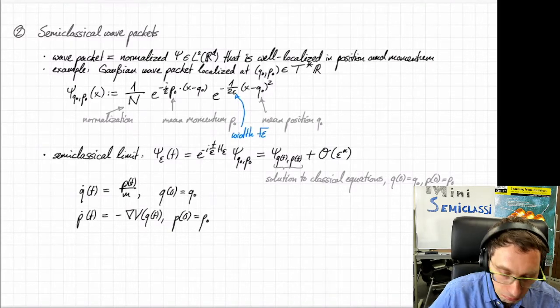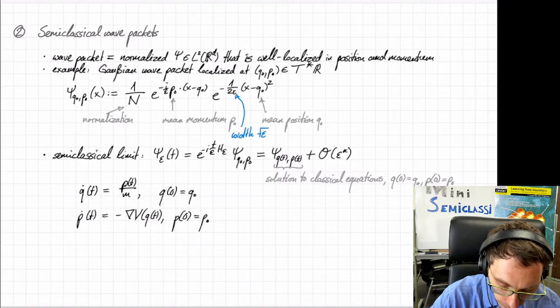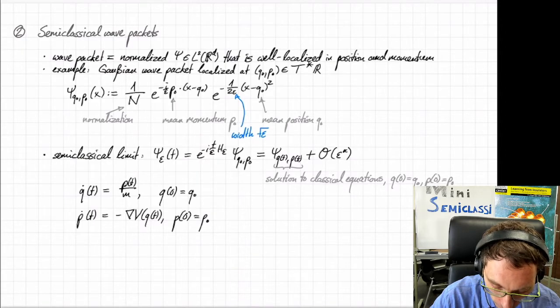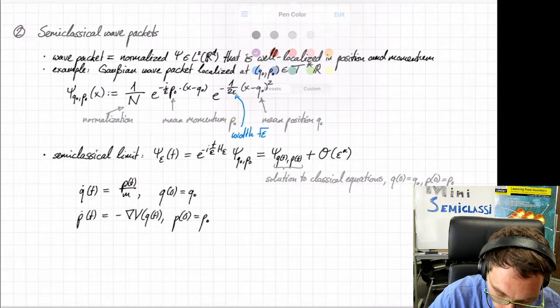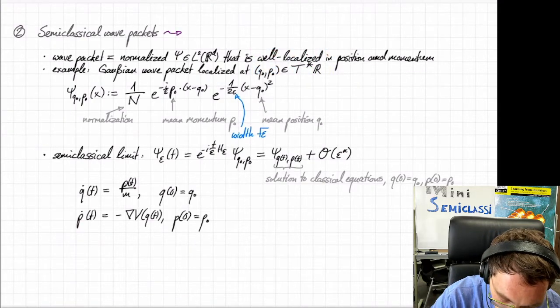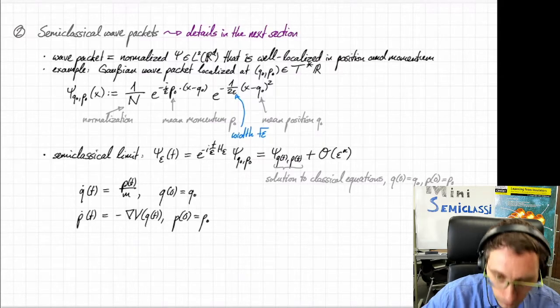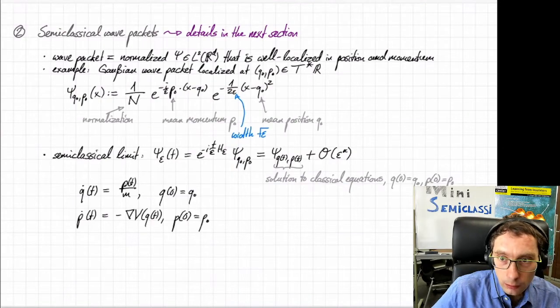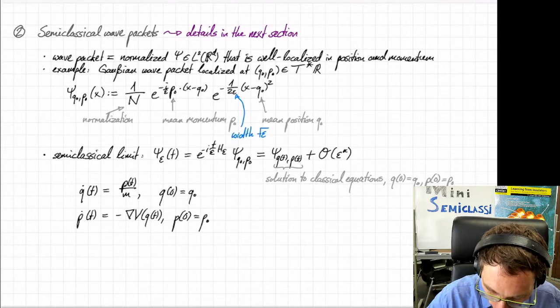And there are several different ways how to prove this. I will talk in more detail about this approach in the next section because it is so important. So this is a fairly common approach to semiclassics.